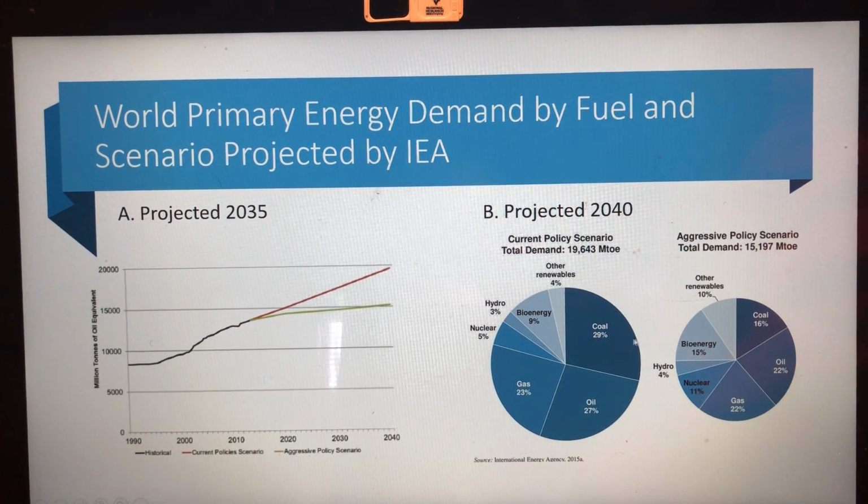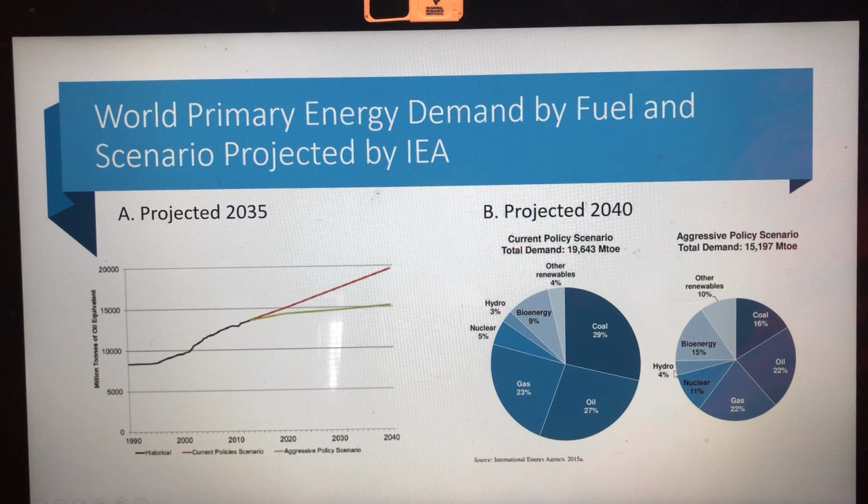You have to see the change in the percentages, right, from 29 for coal to 18. But what happens with renewables? Bioenergy is 9%, now 15%. Other renewables, 10% initially, 4%.